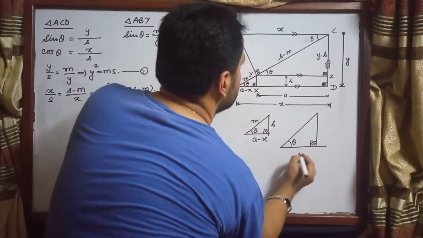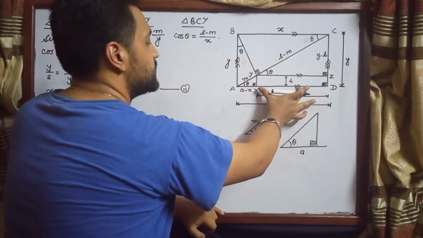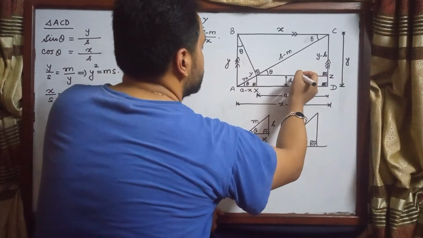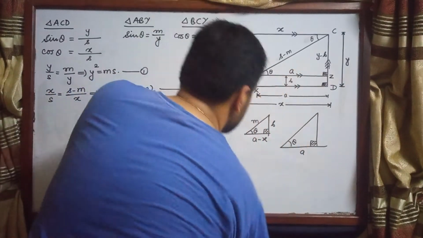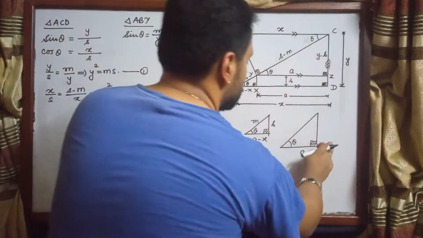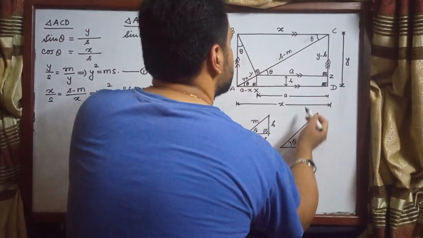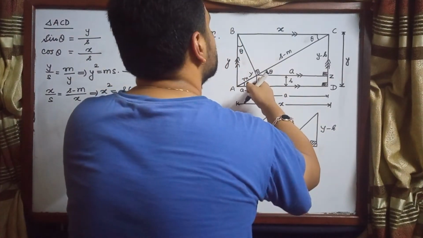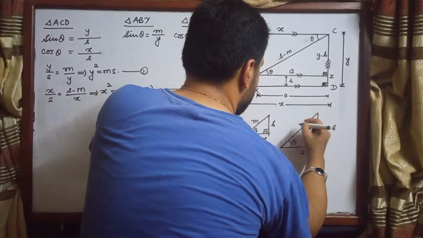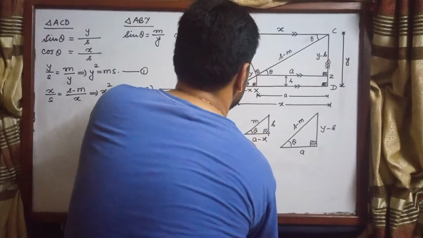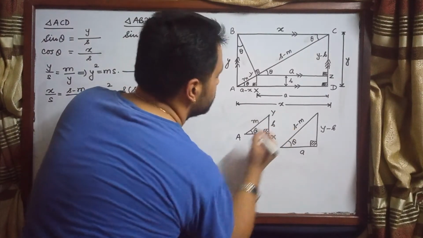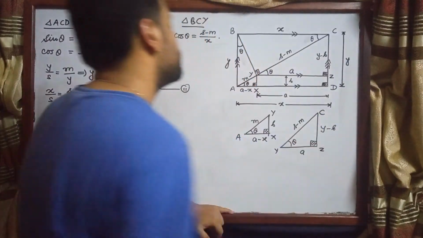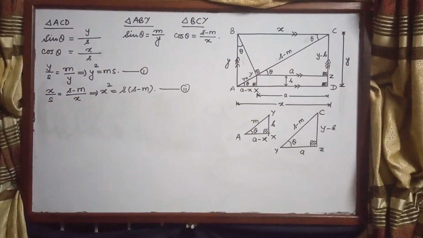This is theta, this is A. Since DXYZ is a rectangle and DX is equal to A, the side YZ is also equal to A. This length is Y minus B, and the length YC is equal to S minus M. This was triangle AXY, and this is triangle YZC.